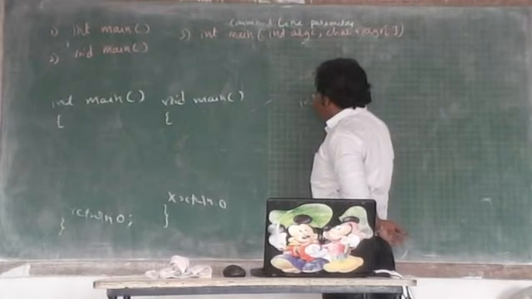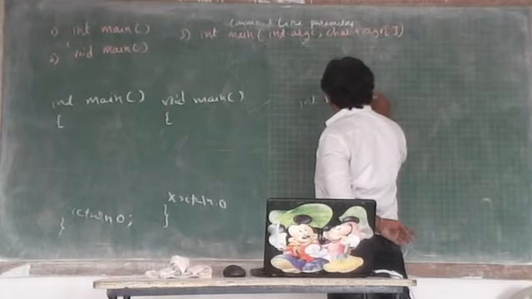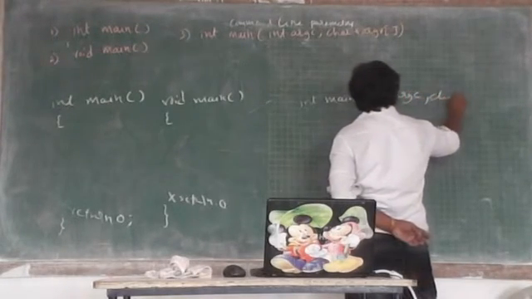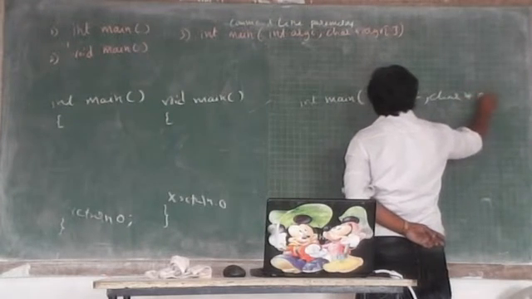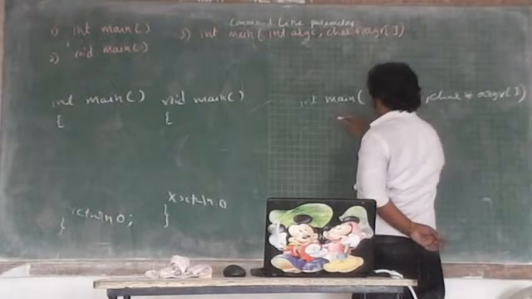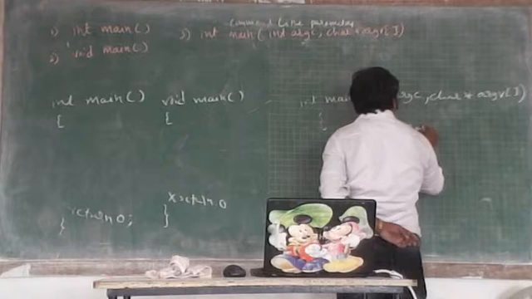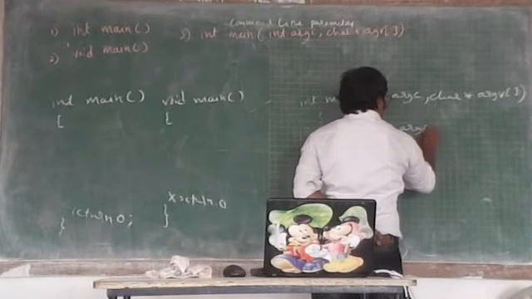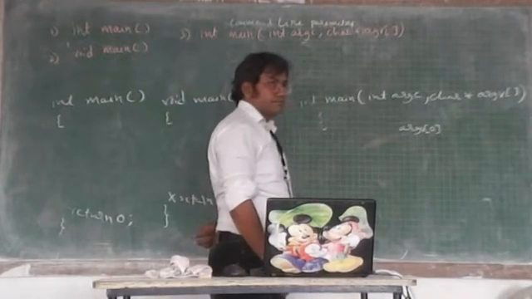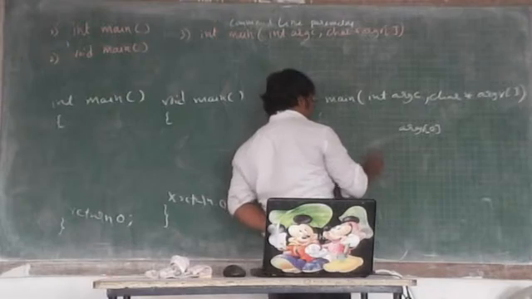If you are considering this third part, int main, int argc, then argv, argv[0], this is an array of arguments.